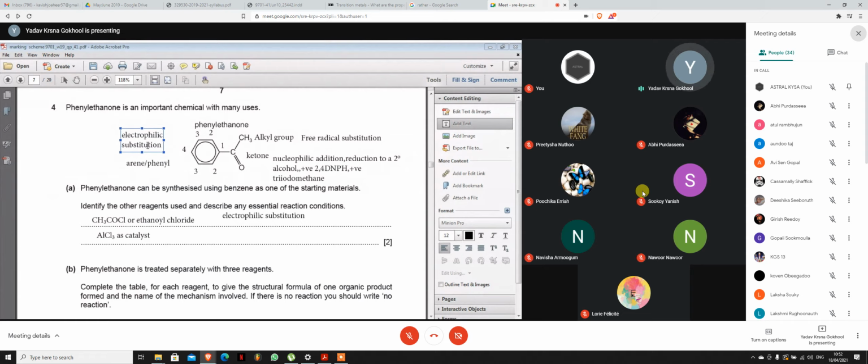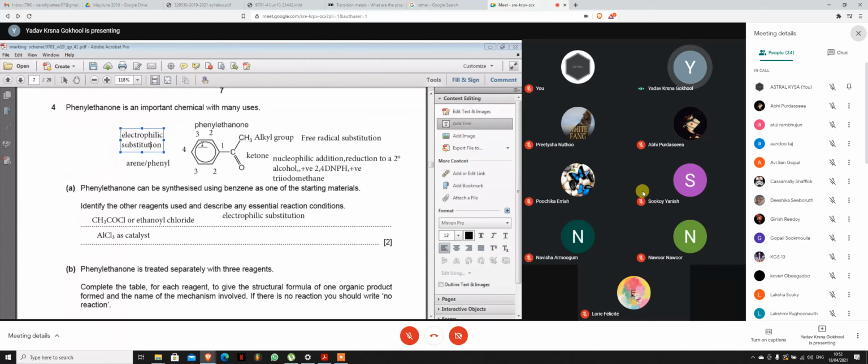But there's something which is very important. It has got a side chain. So if it has got a side chain, you need to look in your data booklet, part 9, the orientating effects of groups in aromatic substitution reaction, where you have COR, where COR is the ketone.